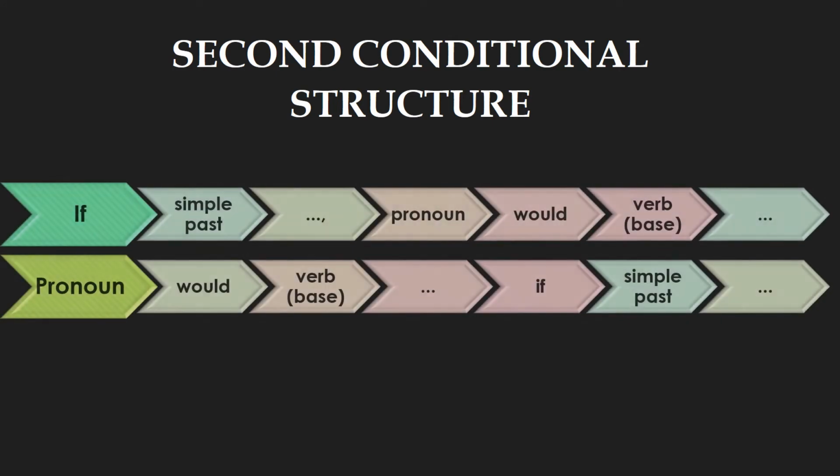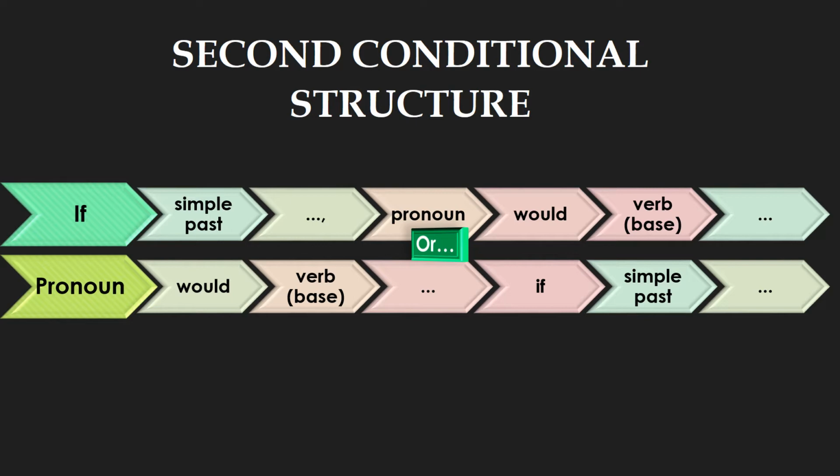So let's talk about the sentence structure here for the second conditional verb tense. There are two ways to do this. The first way is to start your sentence with the word if, and then we use the simple past, and then the rest of that clause, and then a pronoun, the auxiliary verb would, the base of the verb, and then the rest of the sentence.